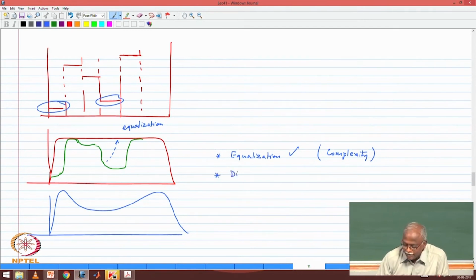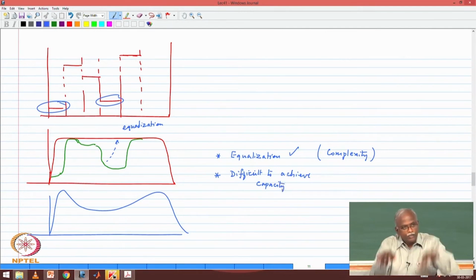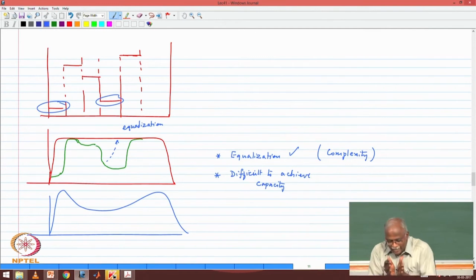Now it is difficult to achieve capacity, because I cannot change the power allocated to different portions, or different frequency segments of the spectrum. So difficult to achieve capacity. What I will have to do is either boost the whole signal or reduce the whole signal, and there is no way of matching the transmitted signal perfectly to this information.